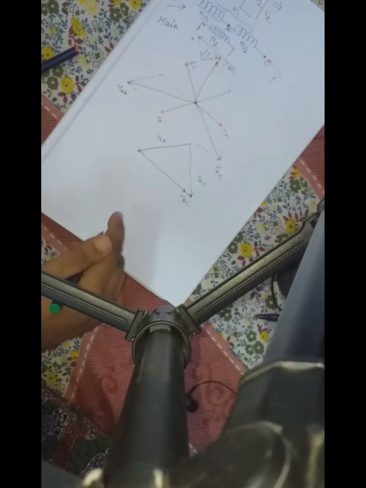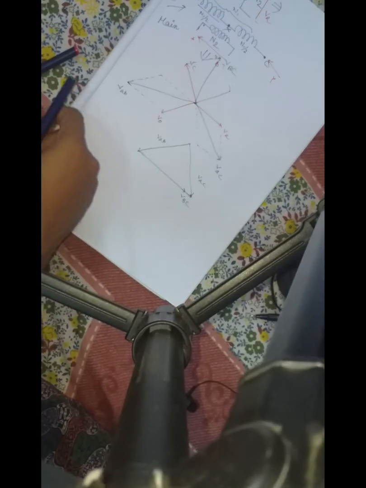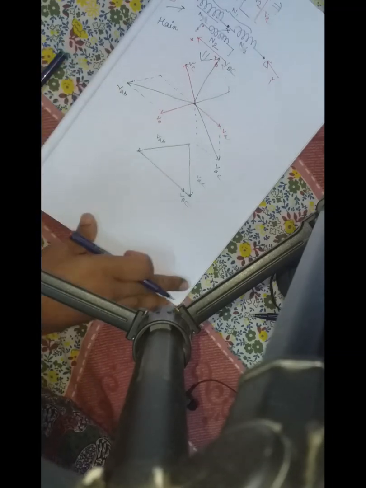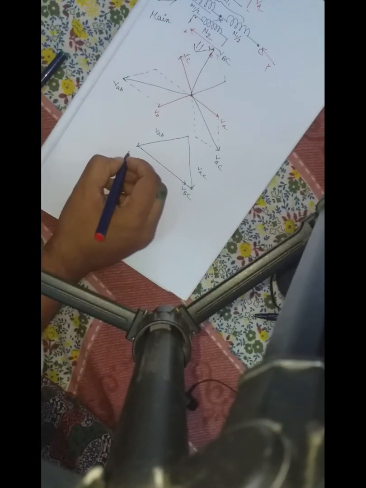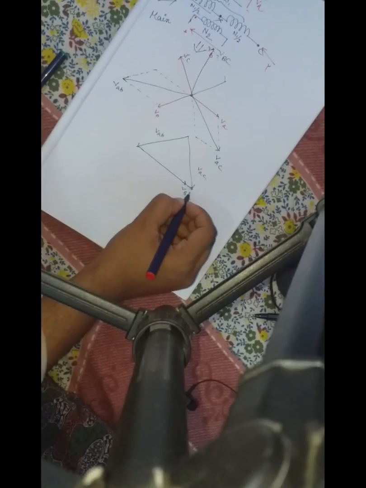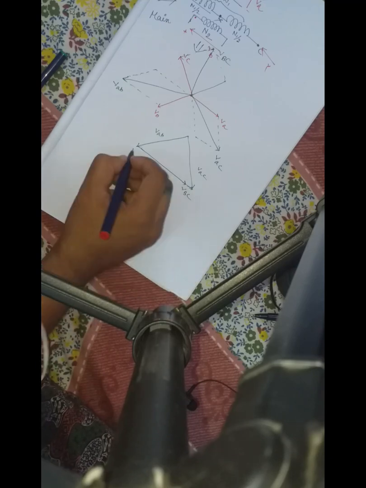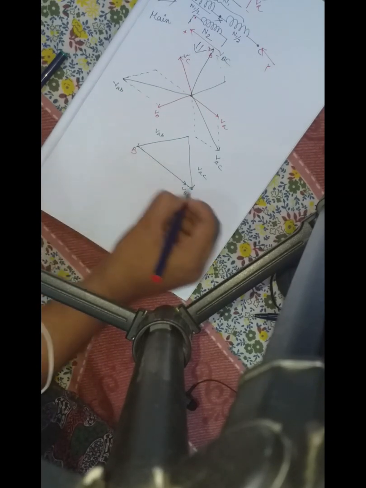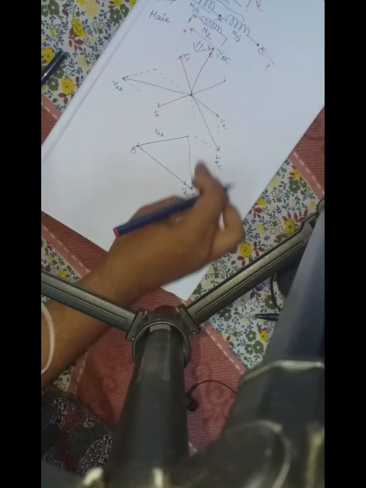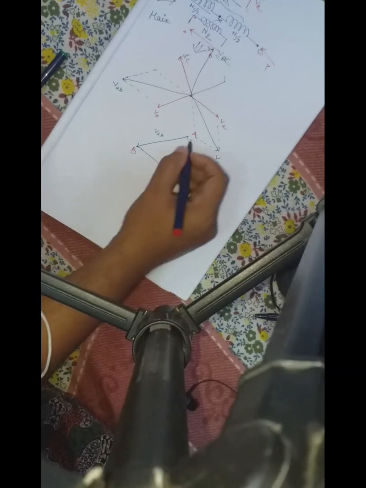So from this phasor, this is the BC point, and similarly this is AC, that means this is the A point.